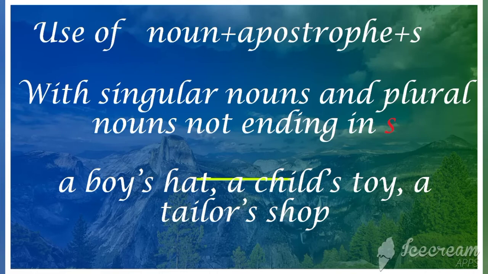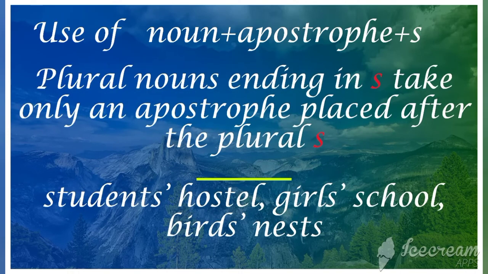So boy's cat, child's toy, a tailor's shop. Whether singular or plural, it should not end with s. And plural nouns ending in s take only an apostrophe placed after the plural. That's why in the last example I told you, singular or plural which is not ending with s. If it is ending with s, then we have to add only an apostrophe.